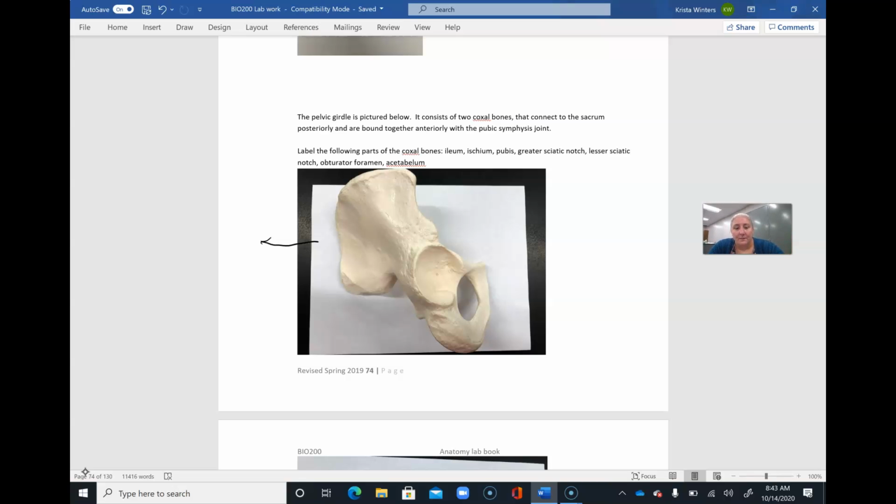So we're going to label these bone regions. This top bone that I'm touching is called the ilium, and you can see the name here. The ilium is the largest of the three coxal bones that have fused together. The next region right down here is the ischium.